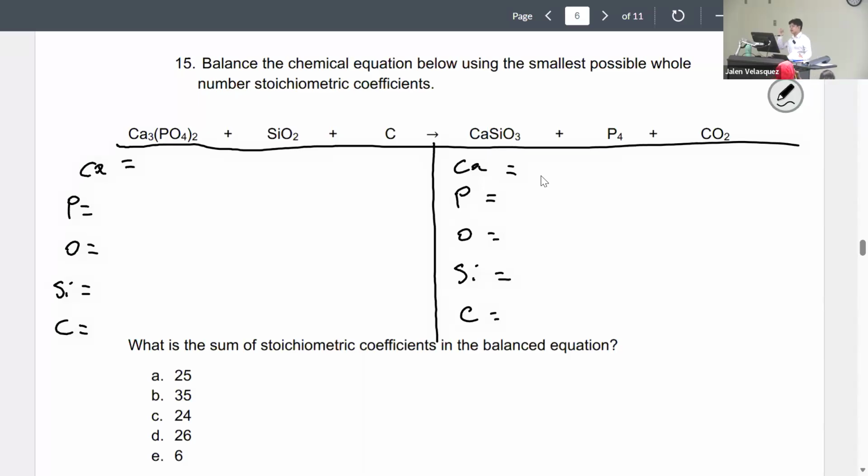Good, so I'm going to bring that up. In this case, remember that little quick tip was to count your polyatomics as a unit. In this case, you cannot because, what polyatomic do we have here? Phosphate, right? But we don't have another phosphate on the other side. So you can't count it as a unit. In that case, you have to separate them.